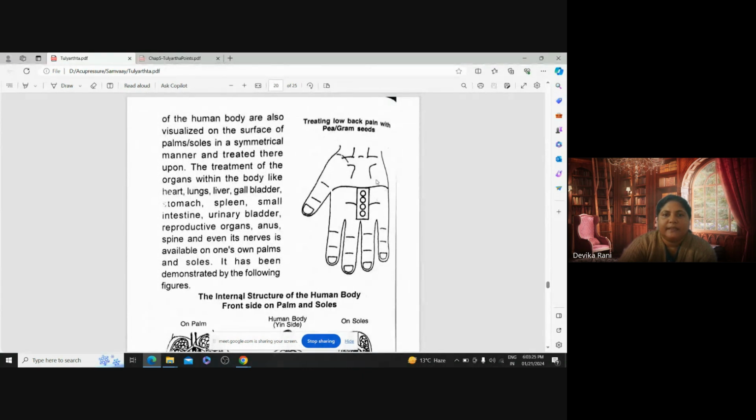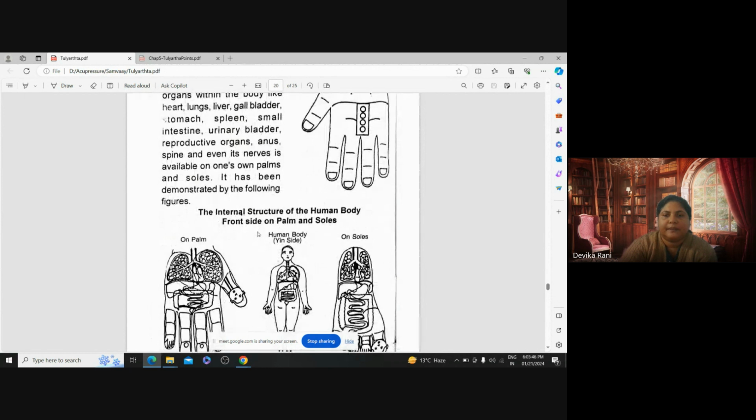Again, it's similar. If you have any problem in your spine, you take a few pea seeds, put them in a tape, and apply it here on the lower back. Once you know that the spine is here, right?